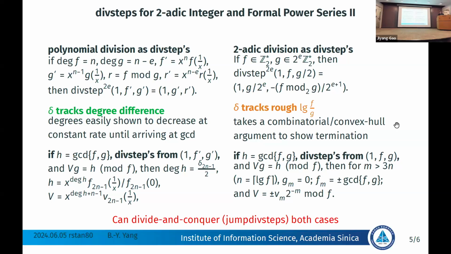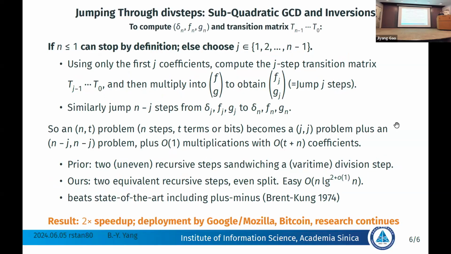So we can always do a GCD using these divsteps, and this can be done using a divide and conquer method, because only the bottom coefficients, or the bottom bits of the numbers, matter, and there's a natural way to divide and conquer. Recursively we have an easy n times log n squared plus epsilon algorithm.